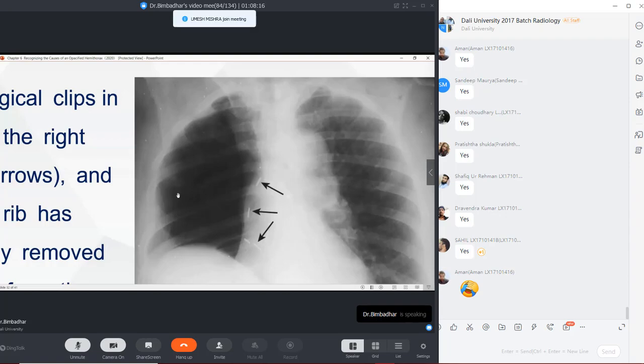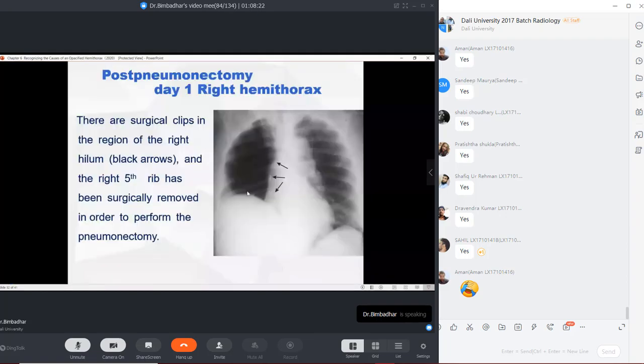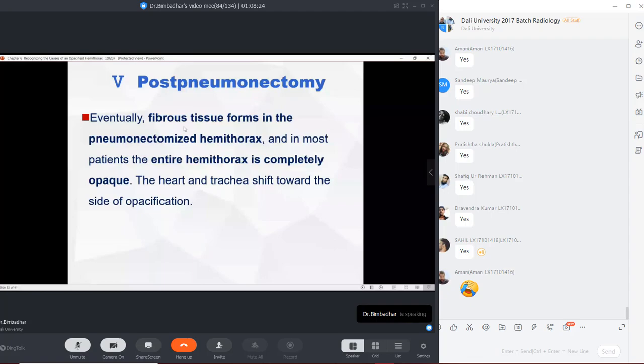Now generally, even after that, fibrous tissue will also be formed because it should be healing, and the entire hemithorax is completely opaque. Then the heart and trachea also shift towards the side of opacification.